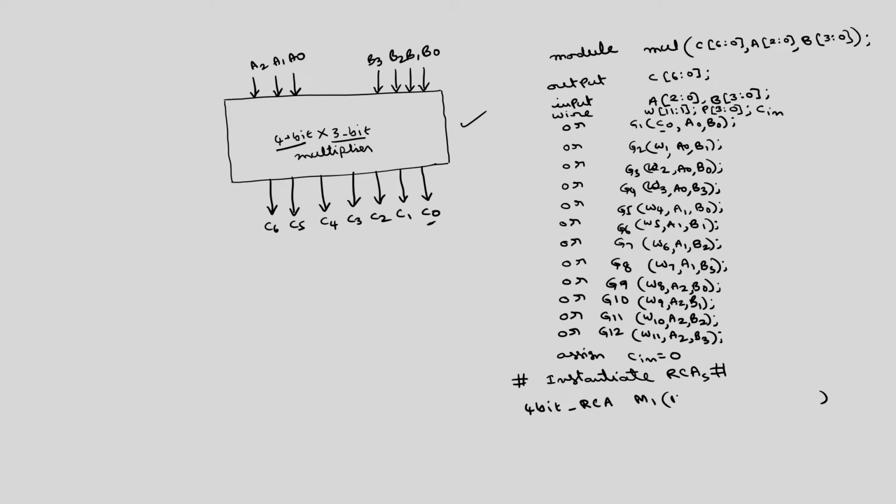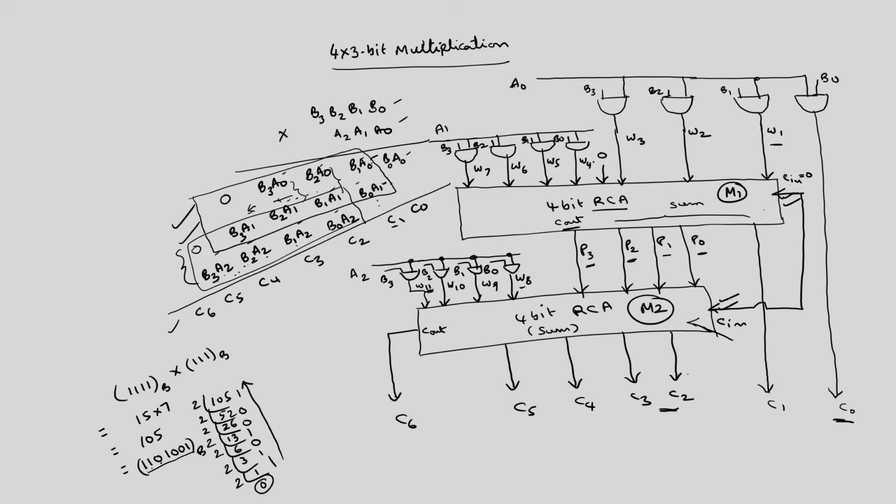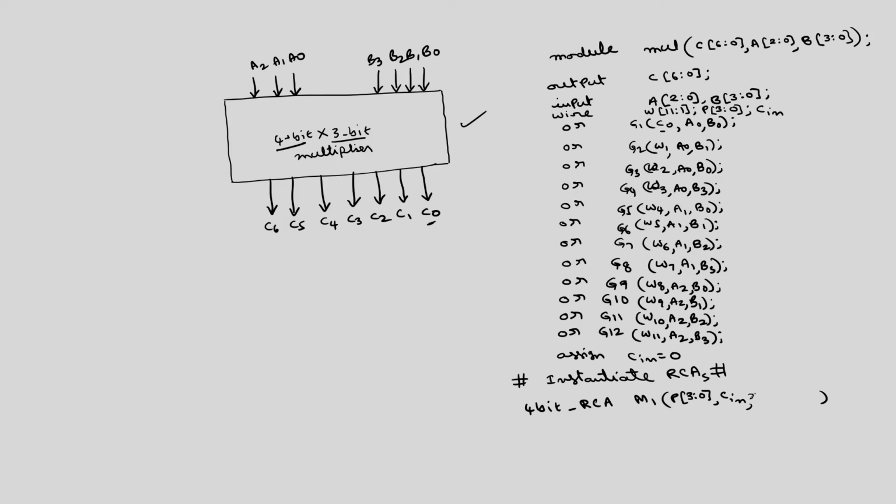So, outputs are P3 comma 0. The inputs are Cin is the one input. The other inputs, this is 0. You can call this one as some X signal, X also I will create, because this is internal. I will define X also as a wire and assign X is equal to 0. Then X, W3, W2, W1 is one set of the numbers. Another set of the number is W7 to W4.